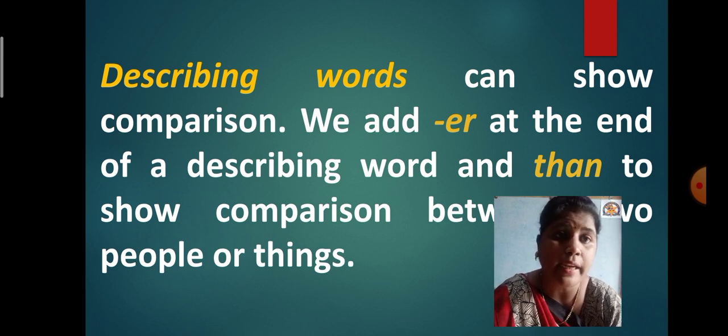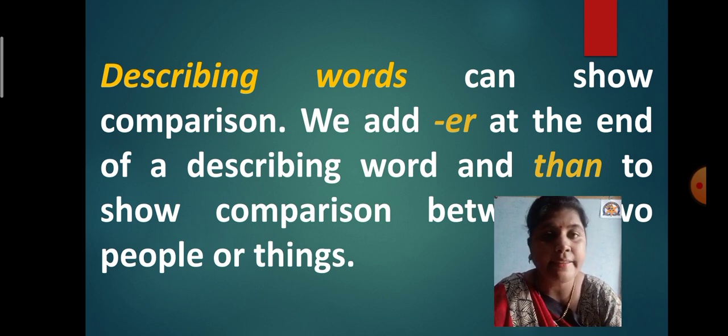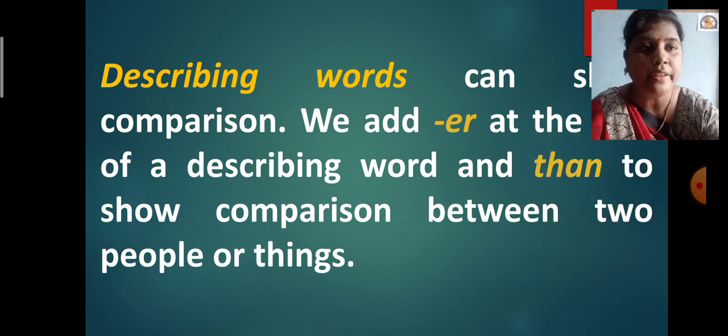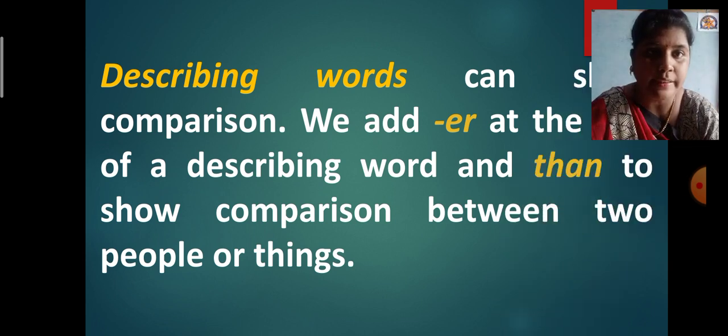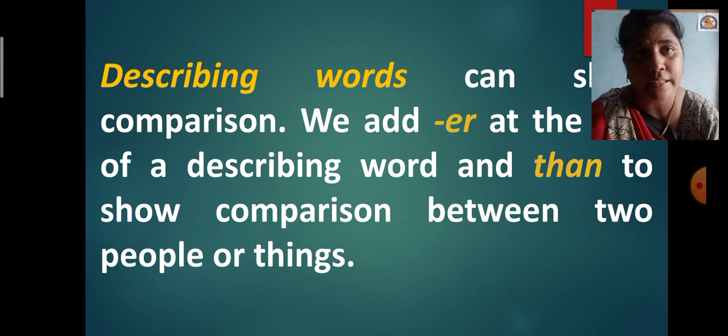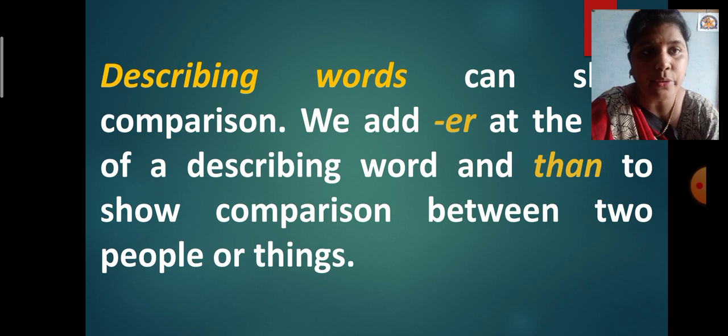Like this we add er to the end of describing words for doing comparison. To show the comparison between two people or things, always remember that we use er or than when we compare only two people or two things.